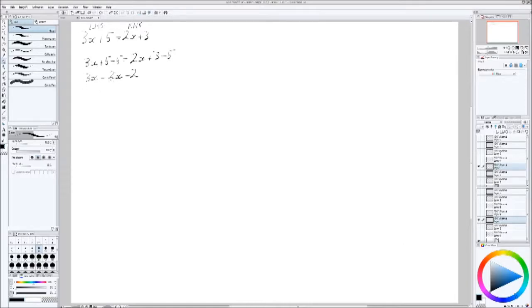So now we want to move the 2x over to the 3x side. So we end up getting 3x, and I'm just going to leave that as an empty space for now, 2x. So to negate the 2x, we need to subtract 2x, and then we've still got the minus 2.